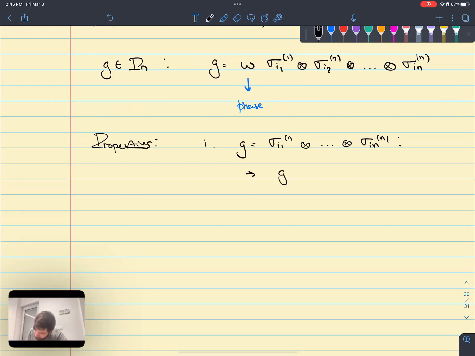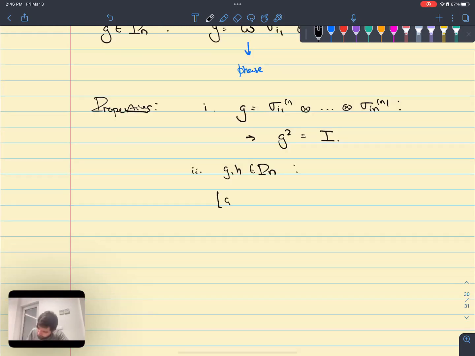And similarly, if I have any G or H element of this Pauli group, then again, like they did before, they either commute or they anti-commute.